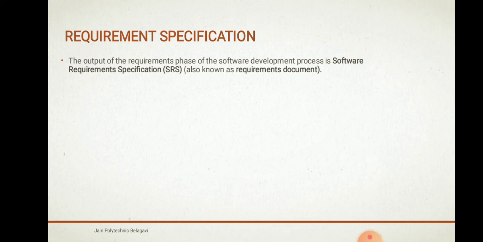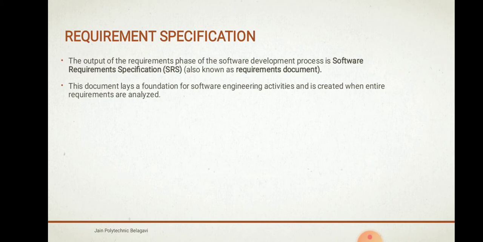That document contains all the requirements specified for the project. It lays the foundation for software engineering activities and is created only when all the requirements have been analyzed as well as validated.